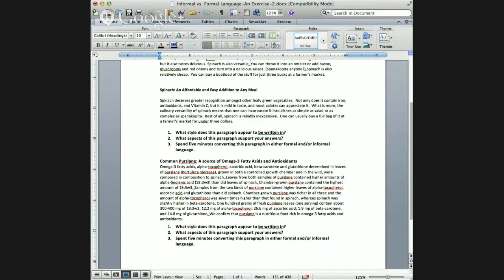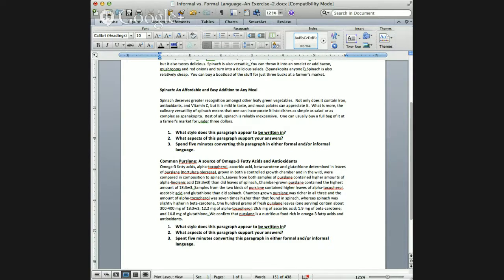And I said most palates can appreciate it, and I wrestled with this because I was trying to speak in the active voice, so I wanted the palates to do the appreciating. But the original way I wanted to word this is, but it is mild enough in taste to be appreciated by most palates. Okay, so that would be an example of some passive voice that I was tempted to throw in there.